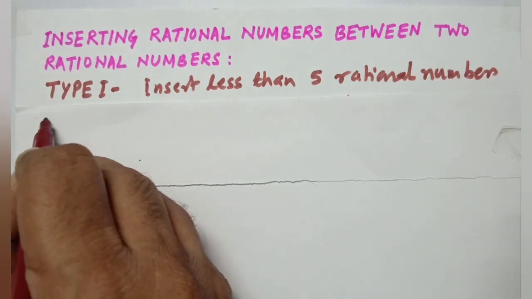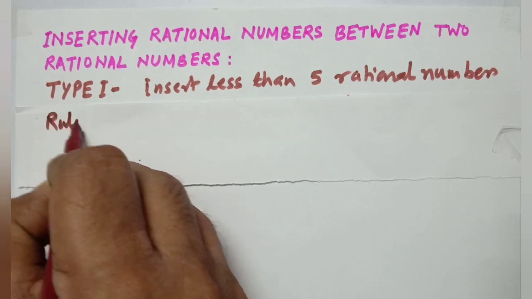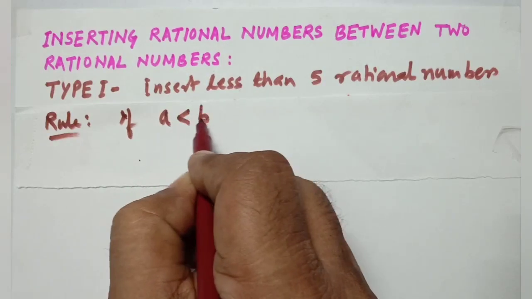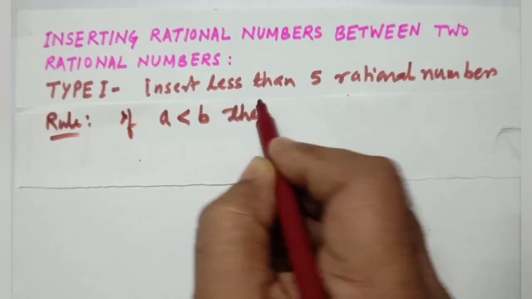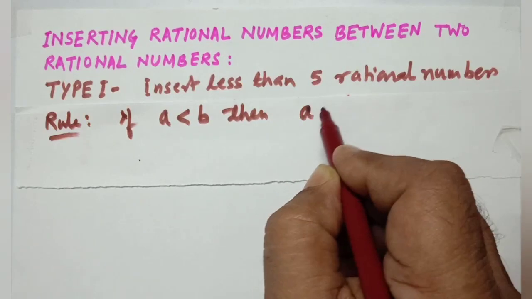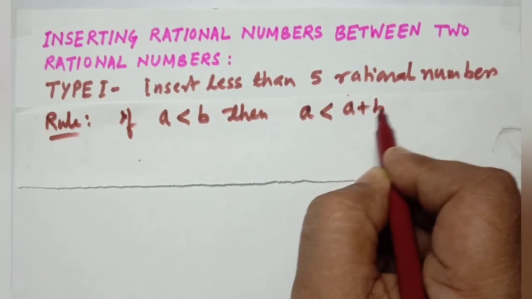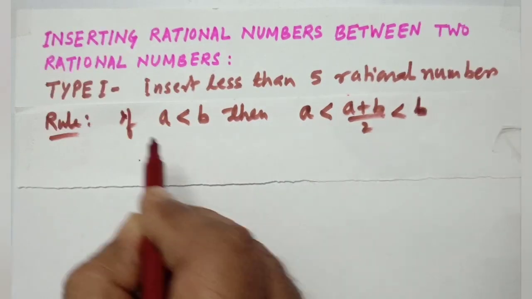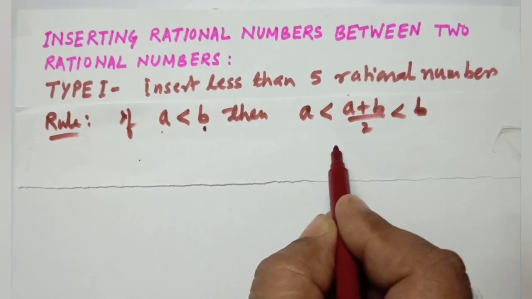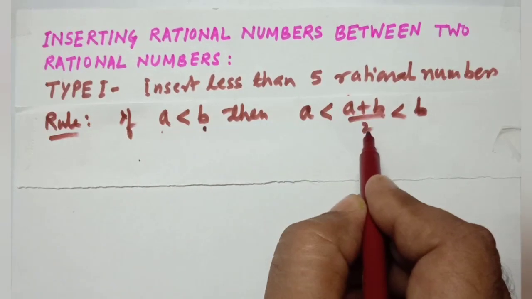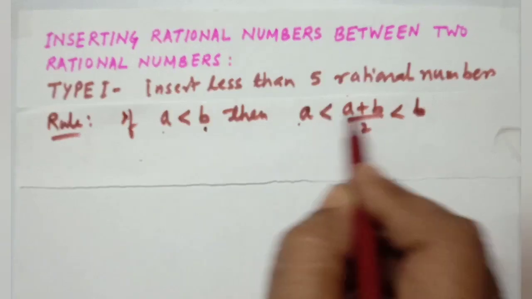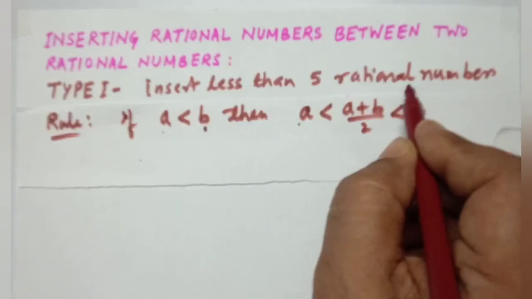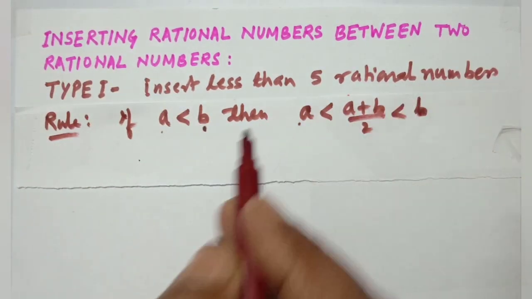In this case, which rule do we use? If A is less than B, then A is less than (A plus B) by 2, which is less than B. So this is the property of rational numbers: whenever we have A less than B, then the sum of these two numbers divided by 2 is a number between A and B. This rule we will use to solve the questions where the number is small.